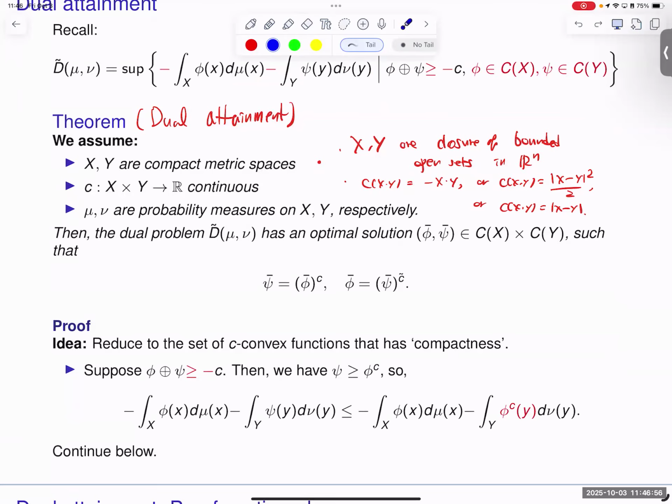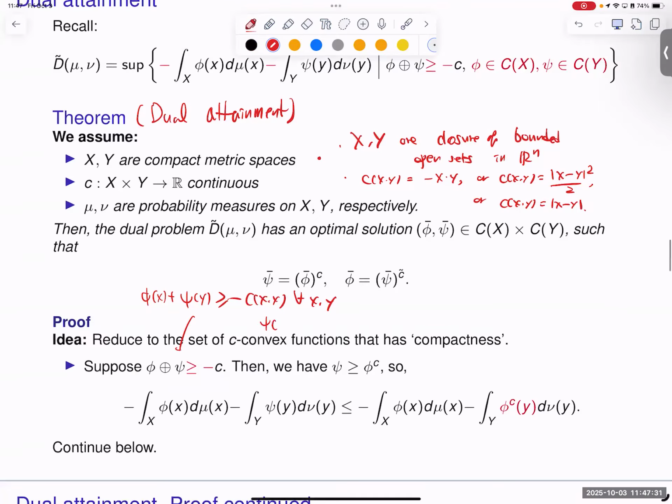Okay, how does it go? Let's start with any of these dual functions, admissible. Admissibility means satisfying the condition given in the constraint. What does this condition mean? phi(x) plus psi(y) is bigger than negative c(x,y) for all x, y.